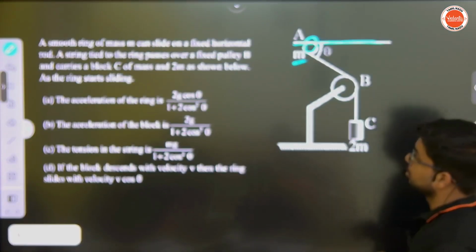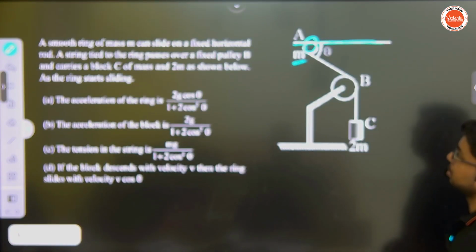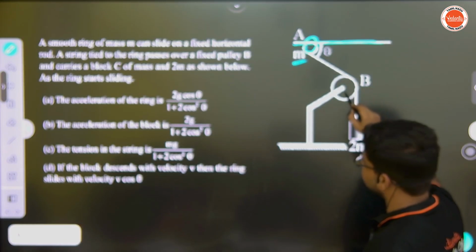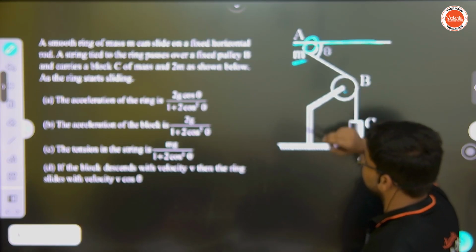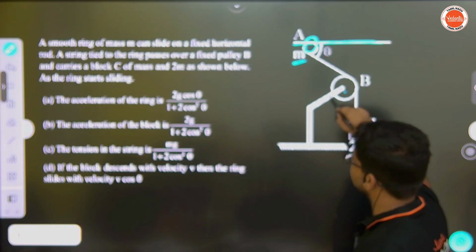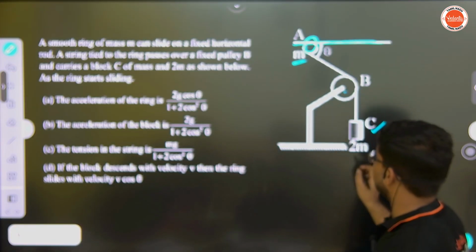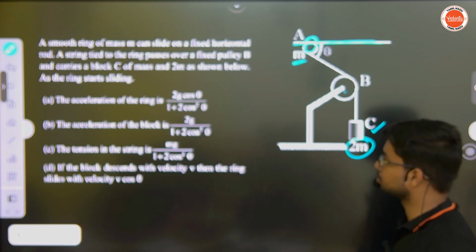Okay. Then a string tied to the ring passes through this fixed pulley B and carries a block C over here of mass 2m given to you.